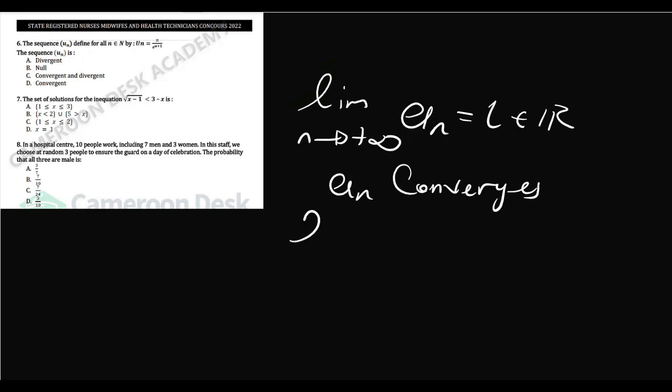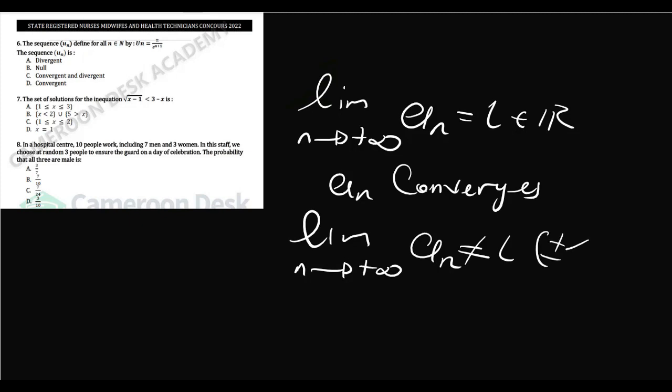If the limit as n approaches positive infinity of an does not exist, or in other words can be plus or minus infinity, then we can say an diverges.